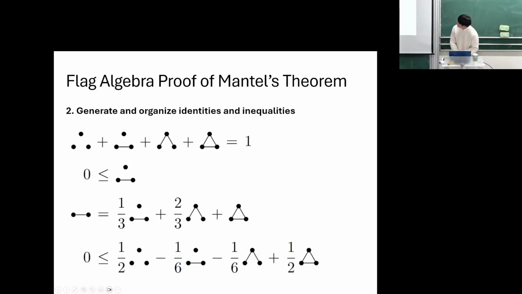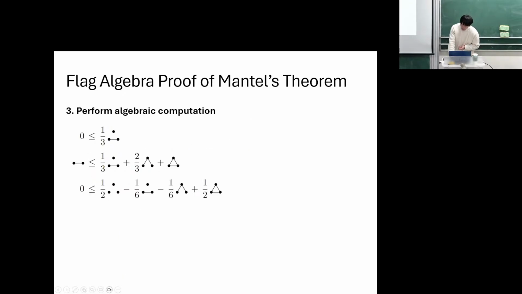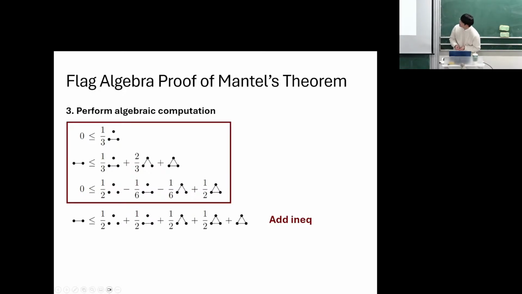Then, if we multiply the second expression by 1 over 3, and change the inequality in the third expression into an identity, we get these three inequalities. Using these inequalities, we can complete the proof through algebraic computation. First, we add the three inequalities to obtain the following inequality.